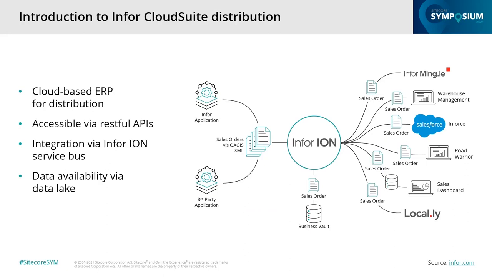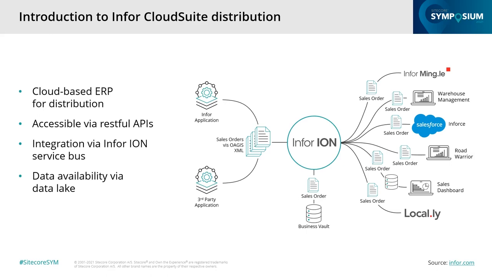What is Infor Cloudsuite distribution? Infor Cloudsuite distribution is a modern cloud-native ERP system for distributors. It is a robust distribution management solution specifically designed to help distributors of all types run an efficient end-to-end operation.